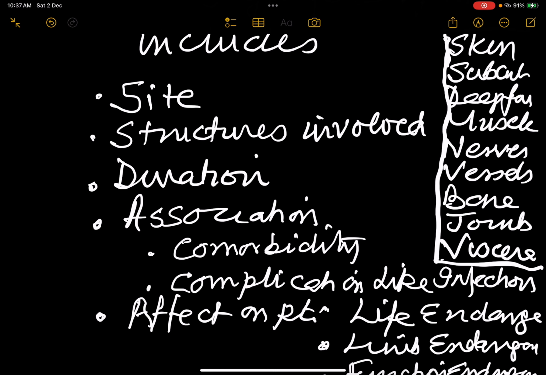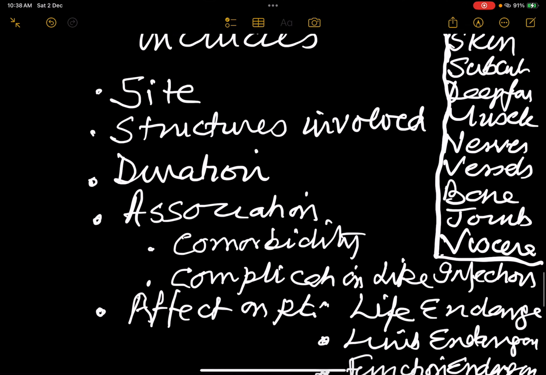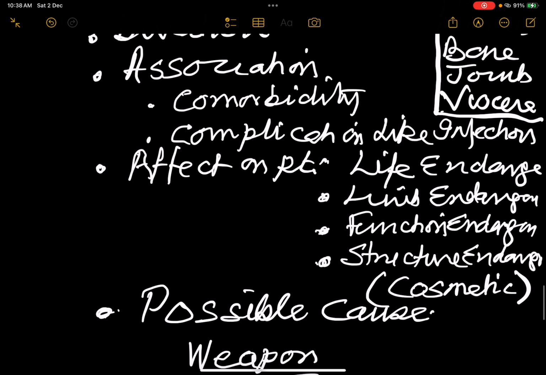What are the associations like comorbidity, which will affect the outcome but are not the effect of injury, and complications like contamination and infection, which are effects of injury and which may cause an adverse outcome. Then what are the effects of injury on the patient: life endangering, limb endangering, function endangering, structure endangering, cosmetic.